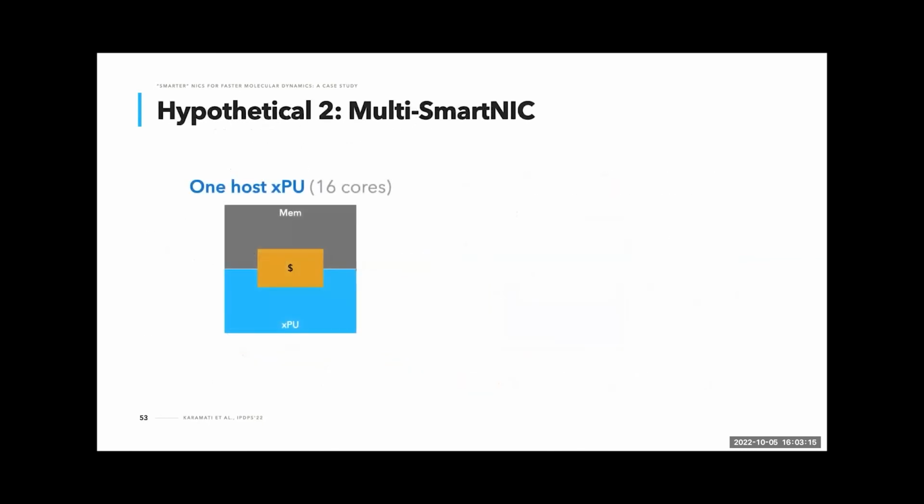For a second hypothetical scenario, suppose we start with a single host CPU. It has a peak performance of 657 gigaflops per second in single precision. And it has a peak memory bandwidth of 76.8 gigabytes per second.